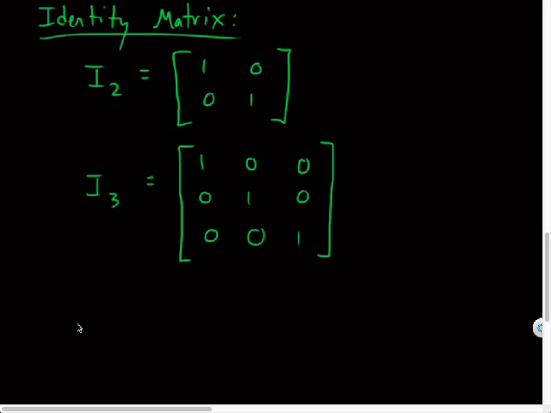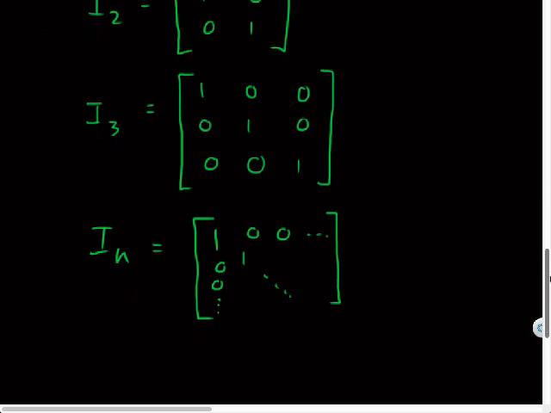So if I have I sub n, that would be an n by n matrix, where I'd have 1s going down the diagonal forever, right? And then 0s everywhere else, right? All right. So just so you understand, if you have like a 10 by 10 matrix and you want to know what the identity is for that, that's what the identity would look like.